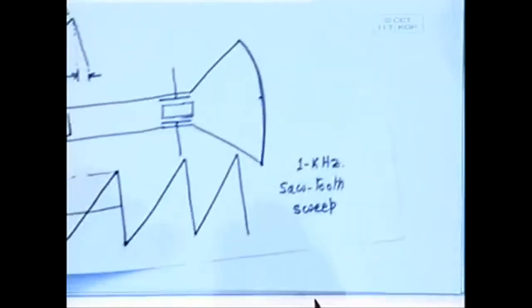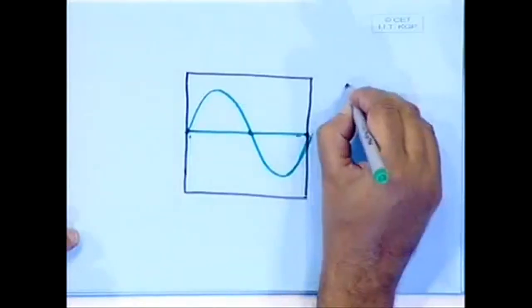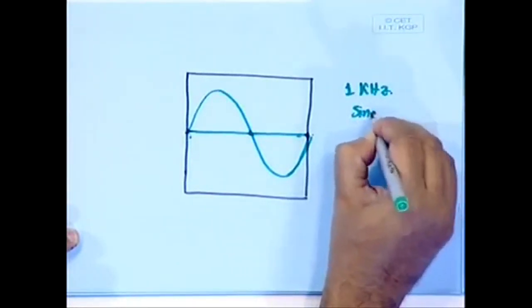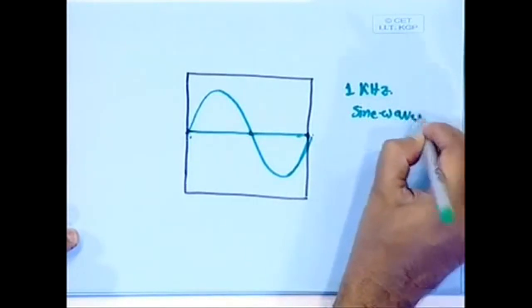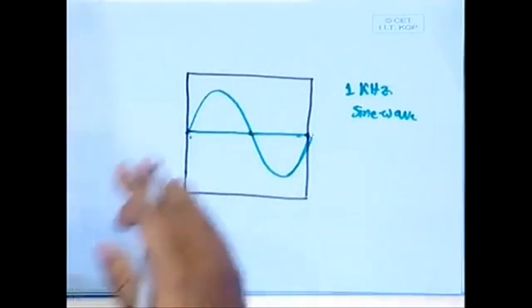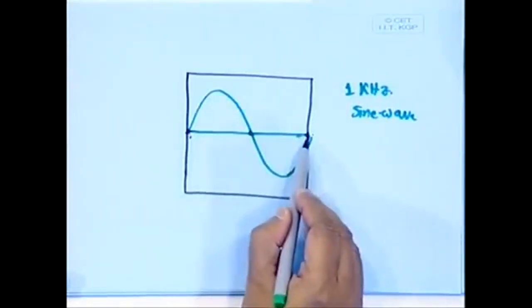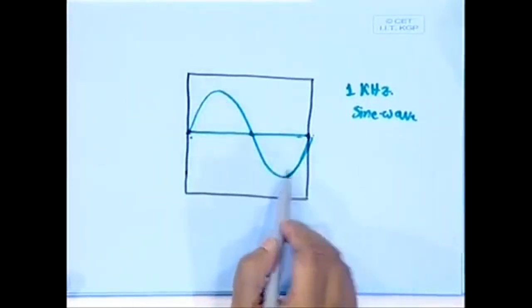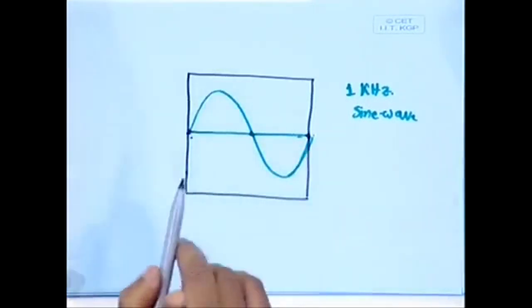Now, we also apply another 1 kilohertz sine wave over here. So, you will see that this also takes 1 millisecond. So, in 1 millisecond of time, when the beam goes from left to the right, this sine wave also completes one cycle, so that you will see exactly one cycle of a sine wave.